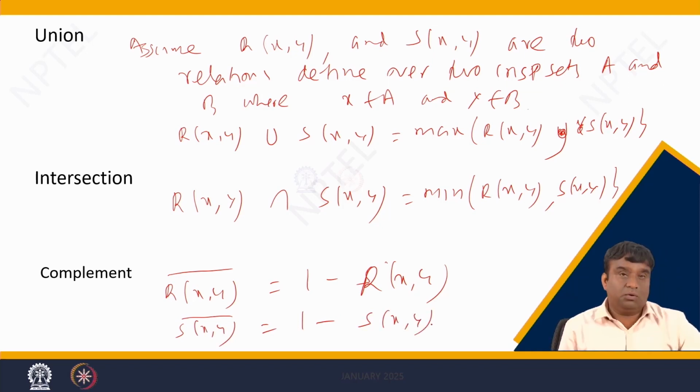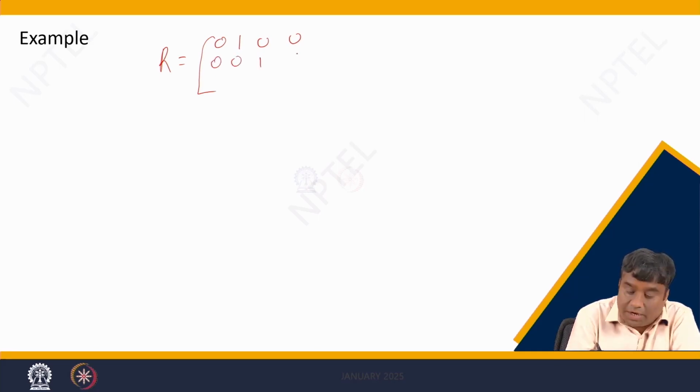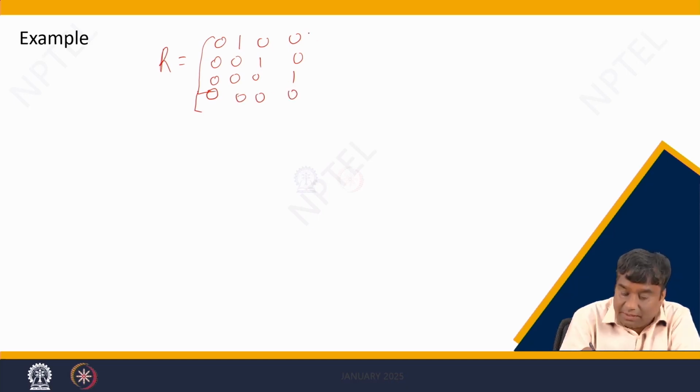So our entries should be either 1 or 0. So let R be a relation which is 0, 1, 0, 0, 0, 0, 1, 0, 0, 0, 1, and only three elements.